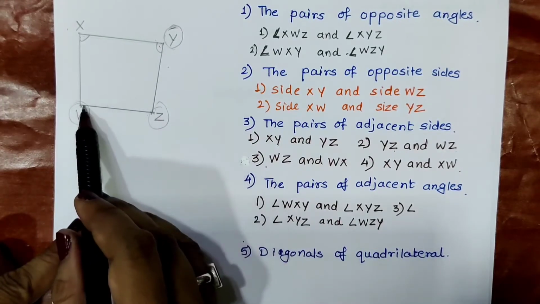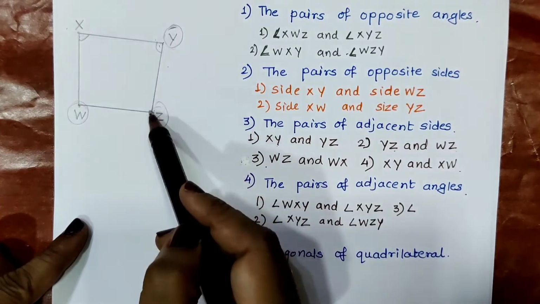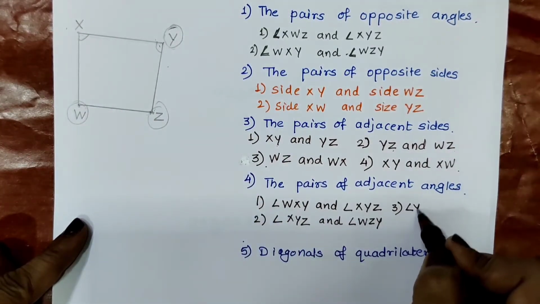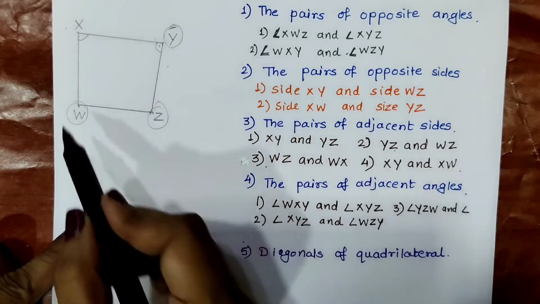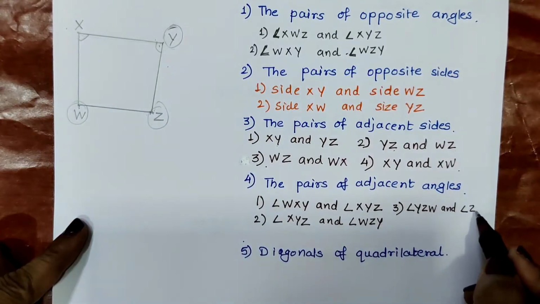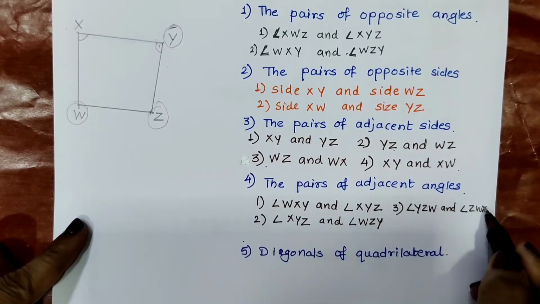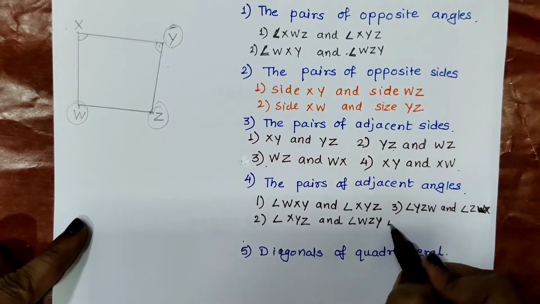How to write angle Z using 3 letters? YZW. Now angle W, ZWX. Write properly, carefully. ZWX.